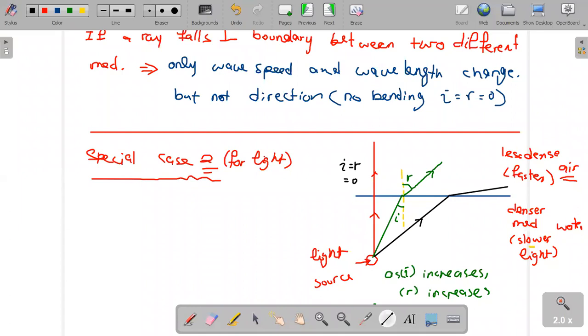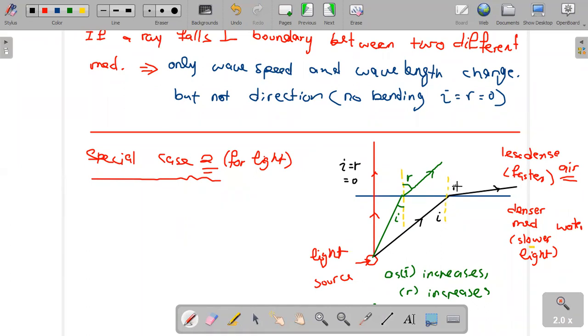It will bend away, away, very away. So what is the normal? This is the normal. So this is I, and this is R also.